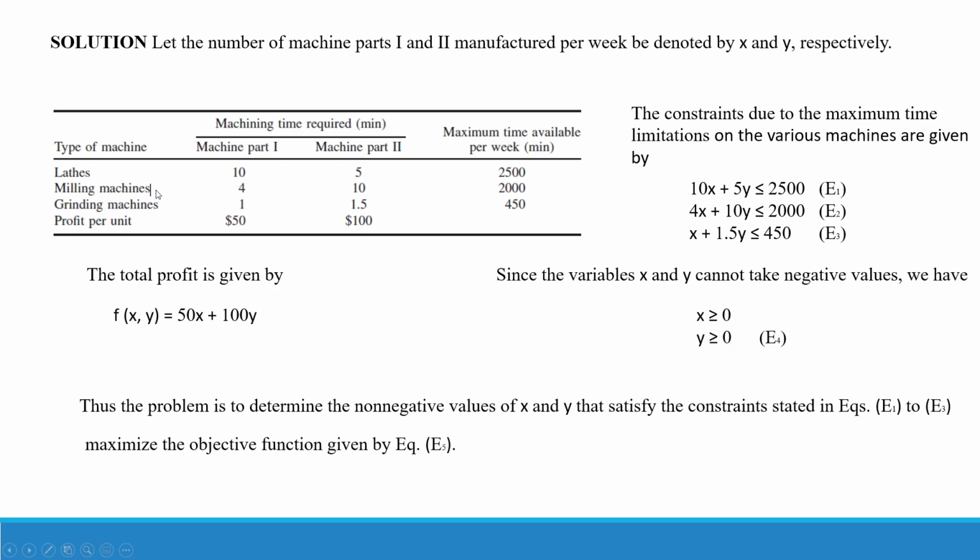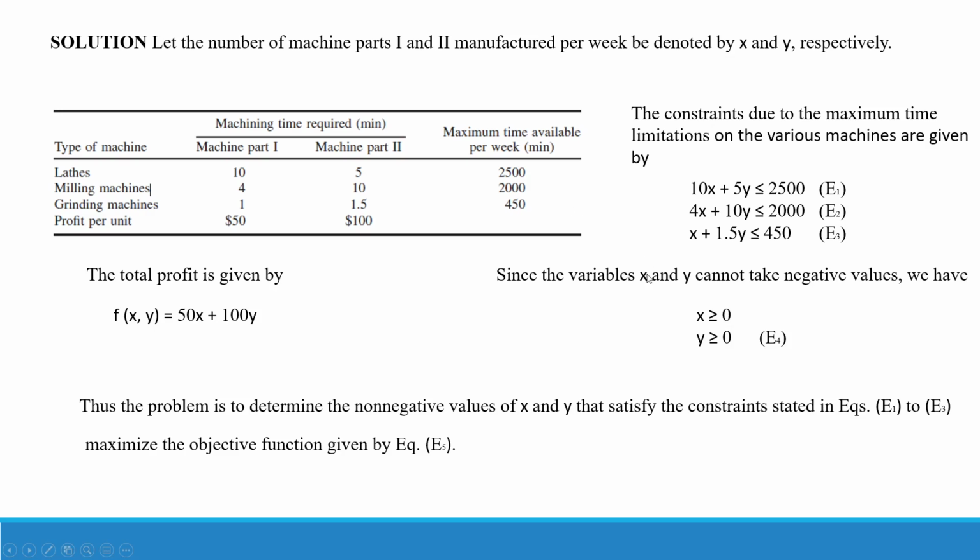In the same way, the milling machine gives 4x plus 10y less than or equal to 2,000 minutes. And finally, the grinding machine gives x plus y less than or equal to the available time of 450.